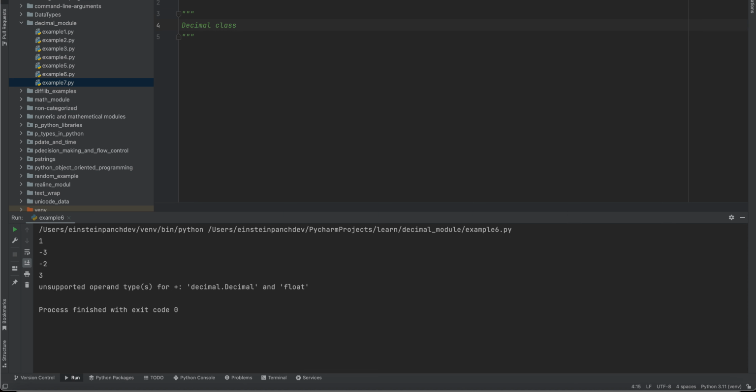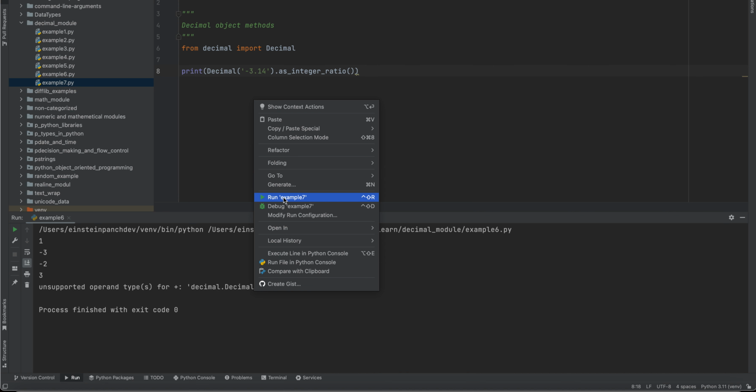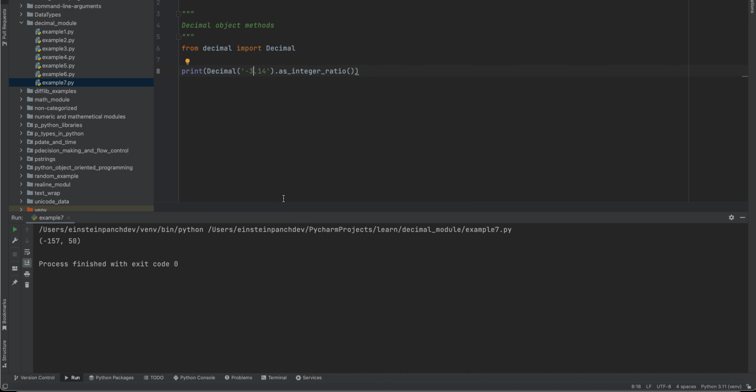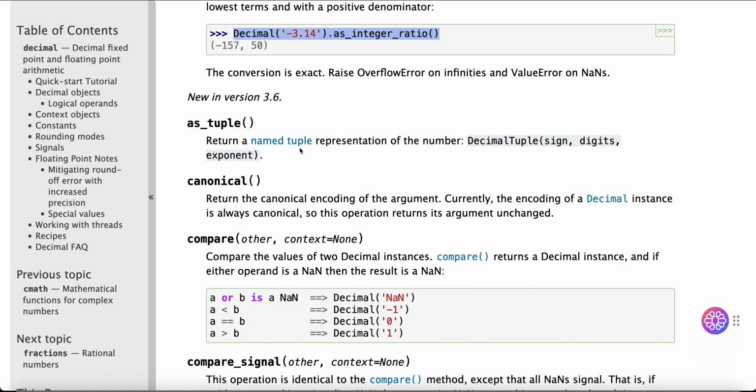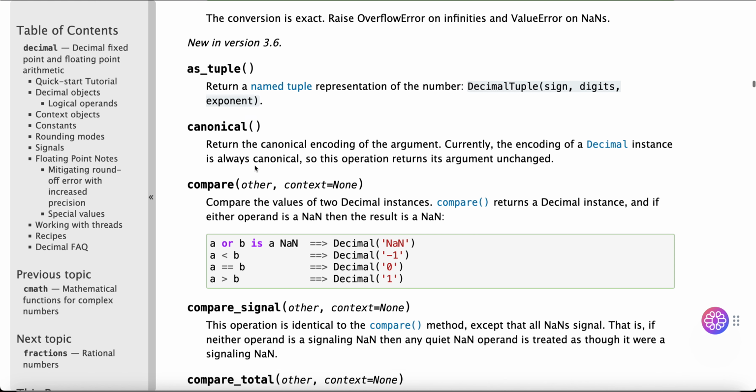Decimal class methods. as_tuple(): Return a named tuple representation of the number: DecimalTuple(sign, digits, exponent). canonical(): Return the canonical encoding of the argument.